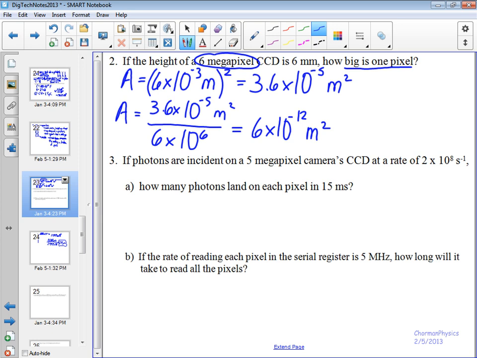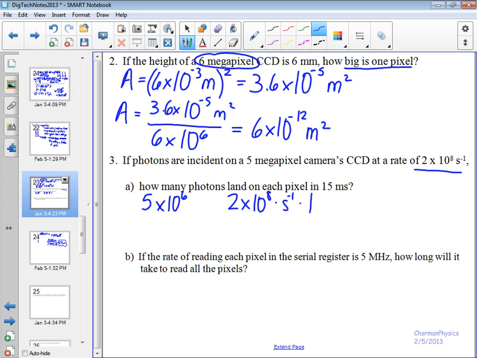Come back here. If photons are incident, okay, we have some amount of light incident on a 5 megapixel camera CCD, at this rate, how many photons land on each pixel in 15 milliseconds? So again, we have 5 times 10 to the 6th pixels, and we're dividing this rate right here. Actually, let's first figure out how many total photons we're going to have landed here.